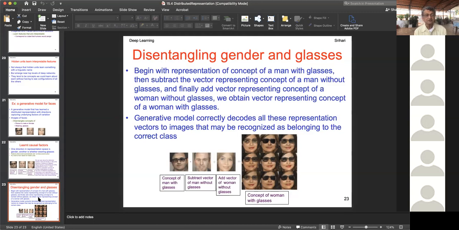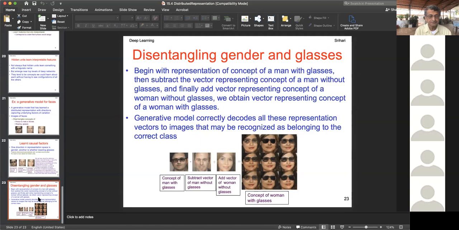So we are just dealing with vector representations here, and we can manipulate these vectors to generate samples with these concepts. So the generative model correctly decodes all these representation vectors to images that may be recognized as belonging to the correct class.